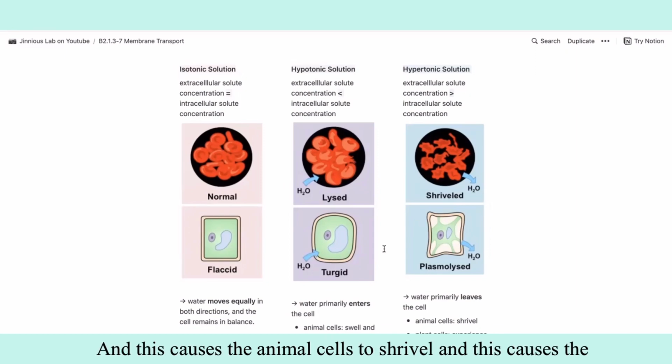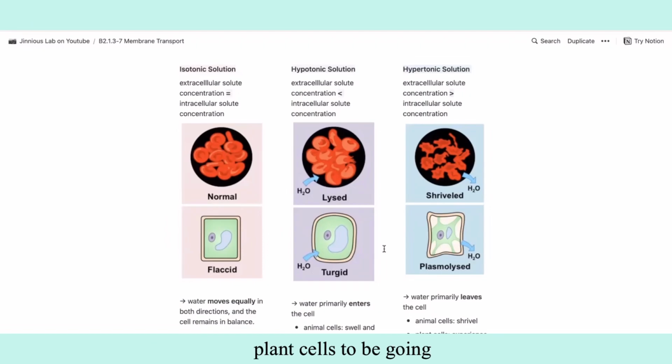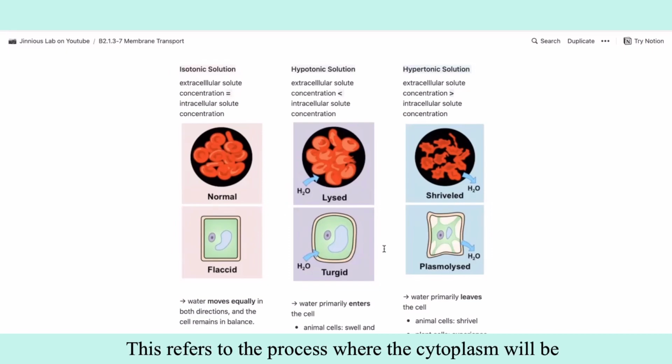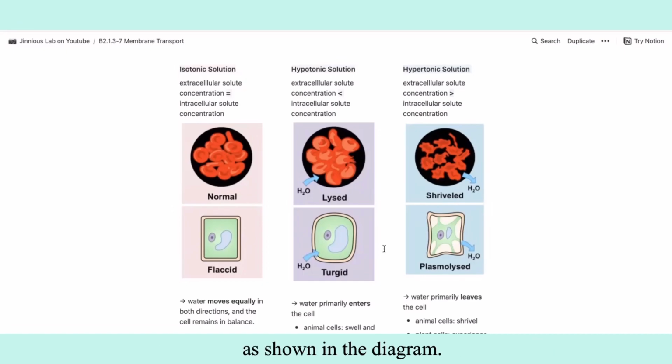This causes animal cells to shrivel, and plant cells to go through plasmolysis. This refers to the process where the cytoplasm shrinks away from the cell wall, as shown in the diagram.